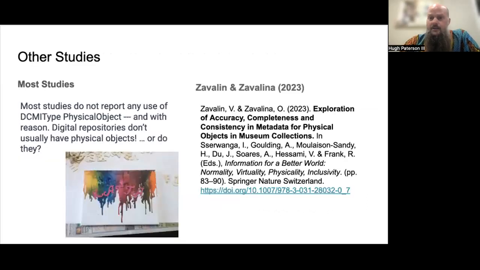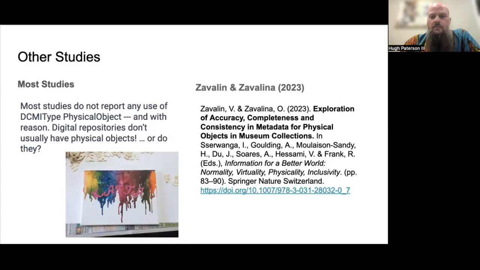Other studies are sparse on looking at the DCMIType PhysicalObject and how it appears across aggregated metadata records. And this is kind of expected because most aggregated metadata records using Dublin Core come from digital repositories where the objects of description are all digital. The only other paper on the topic that I know about was published just earlier this year.